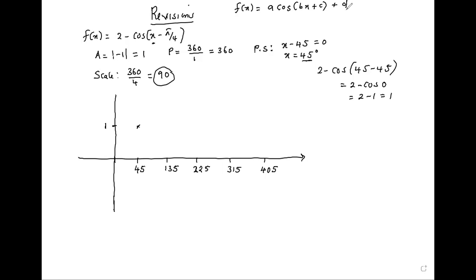This is how the standard equation for cos should look. Then we have the following formulas. For the amplitude, which we denote by capital A, you get the absolute value of a, the coefficient of cos. In this case, the coefficient of cos is -1. That's why we have put -1 in the absolute value.